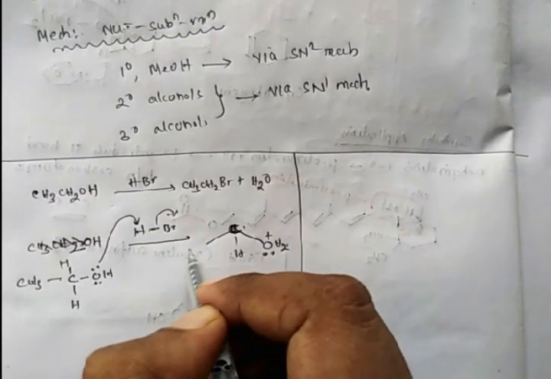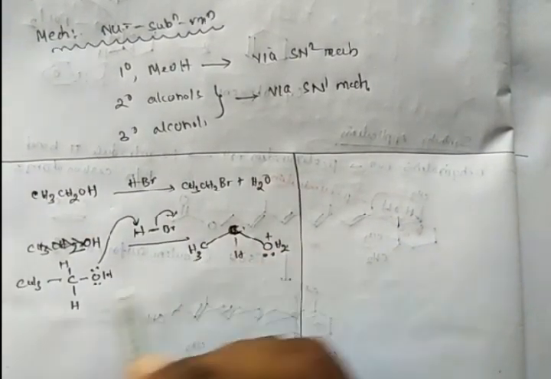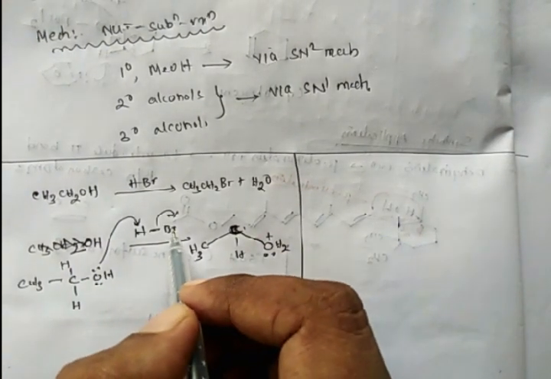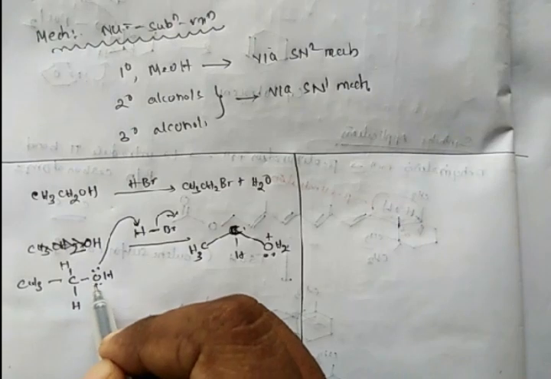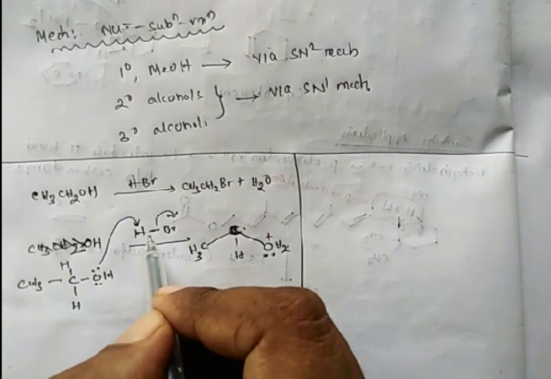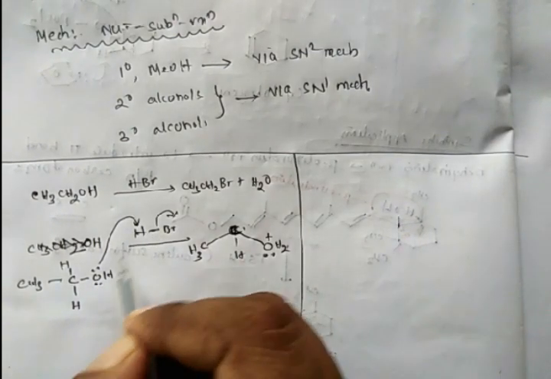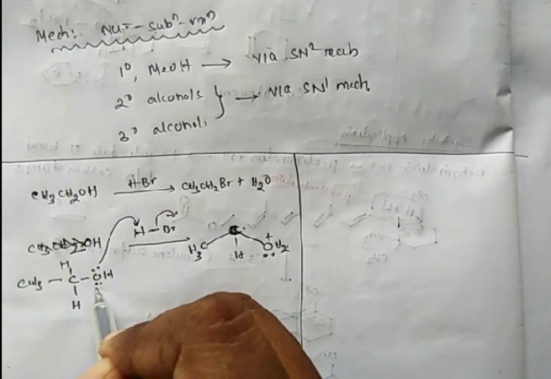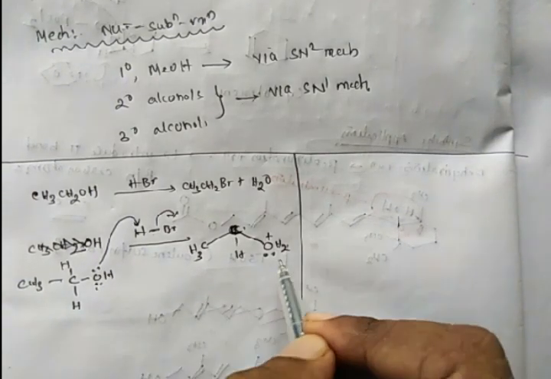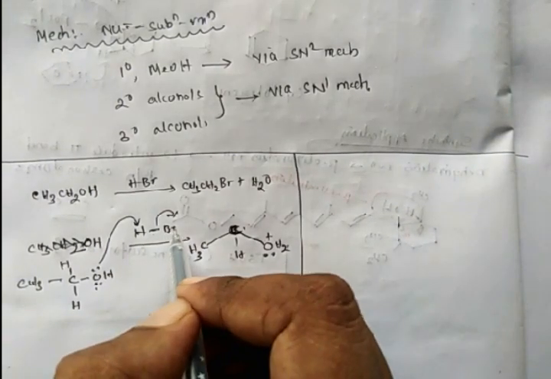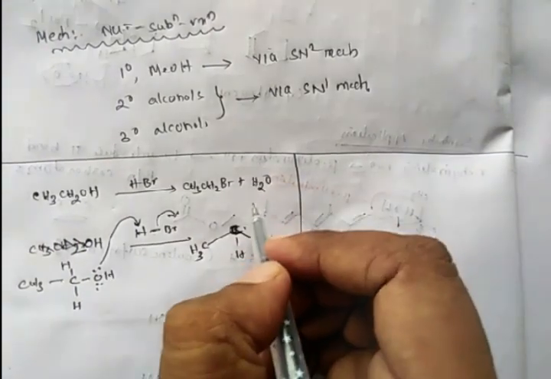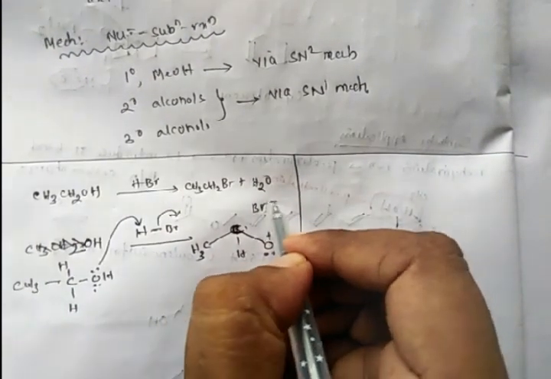In the first step, whenever the electronegative oxygen atom attacks this HBr, the hydrogen atom will be taken by this OH group to form OH2 plus, and bromine remains as Br minus. So it's a good leaving group.